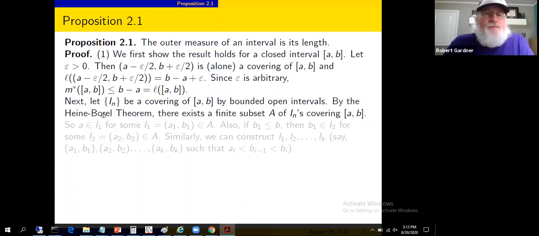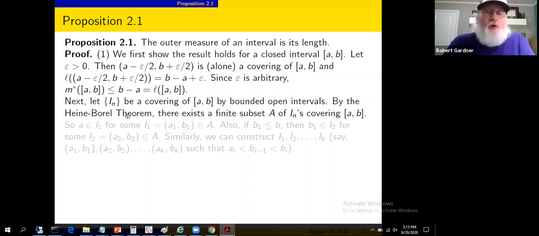Here comes Heine-Borel. Next, cover: let the I sub n's be a covering of the closed and bounded interval [a, b] by bounded open intervals, the kind of thing you cover a set with when speaking of outer measure. By the Heine-Borel theorem, there exists a finite collection of these I sub n's covering the set [a, b]. [a, b] is a compact set.